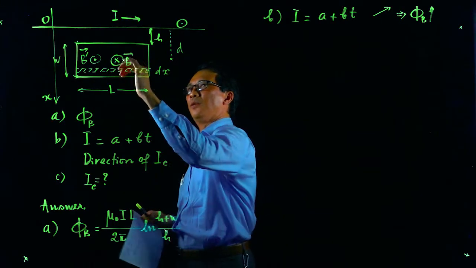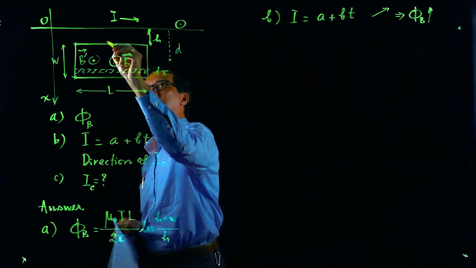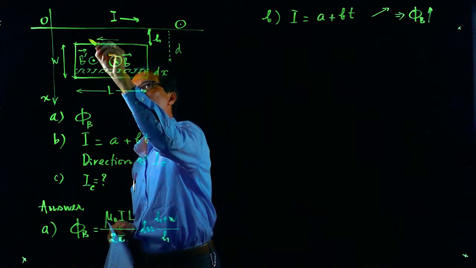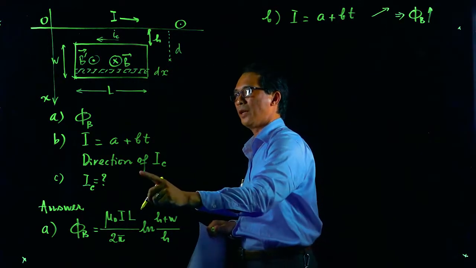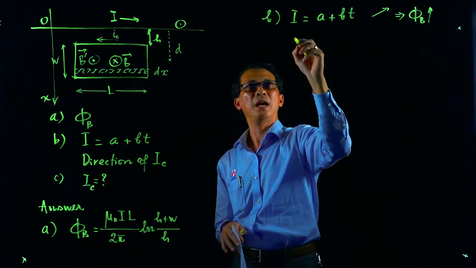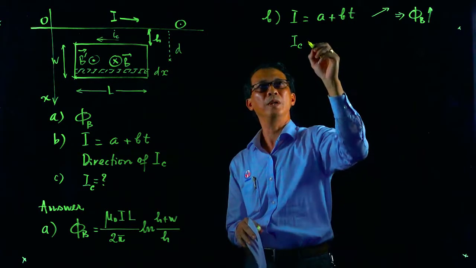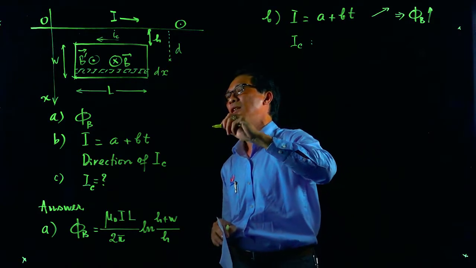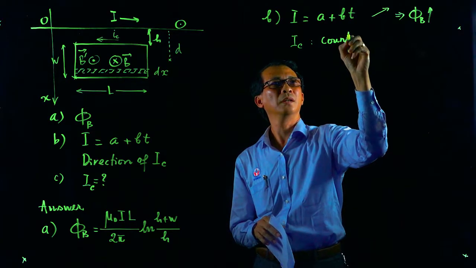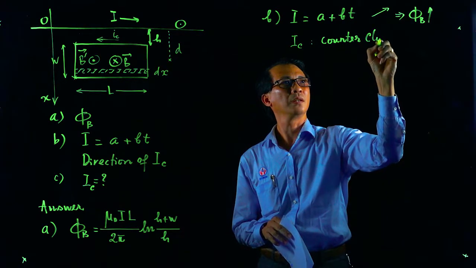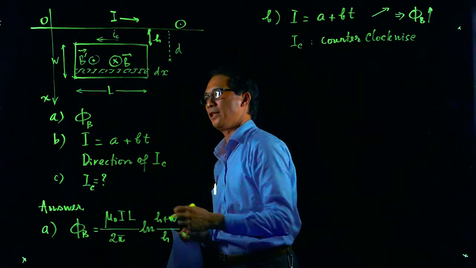Then you will use your right hand to determine the current. So this is the induced current. So for the question, we say that the induced current will have the direction anti-clockwise, right? Or counter-clockwise.